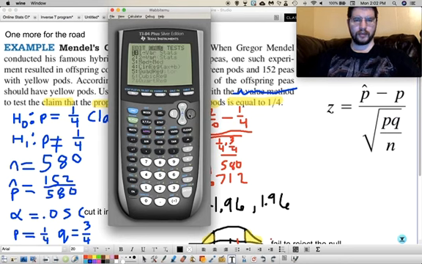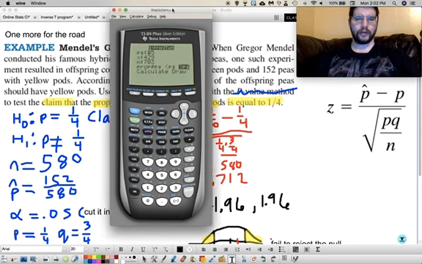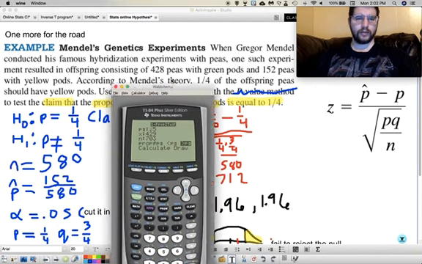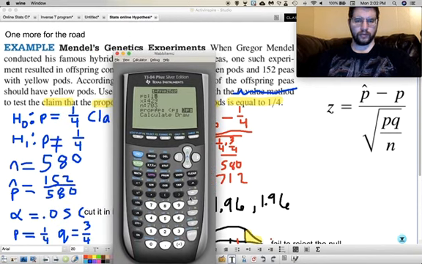Go to stats, test, number 5, 1-PropZTest. This time we don't have to round, so it should be the same thing for statistics. P was 1/4. You do 1/4 or you type 0.25, doesn't matter. X, this time we had 152 and N was 580.